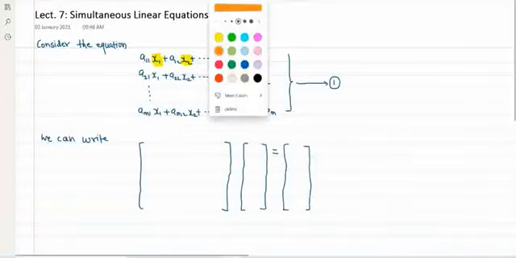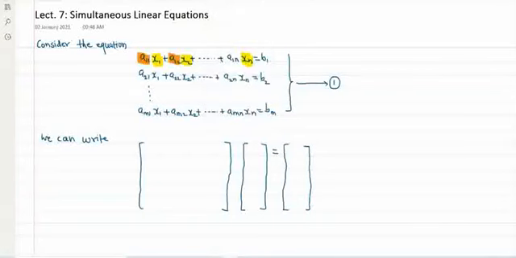See, a11, a12, continue up to a1n. First row, a11, a12, dot dot dot, that means continue. There are n columns, a1n. And what are the variables? Variables you have to write in the second one, x1, x2, dot dot, last variable is xn, equal to b1, first equation.